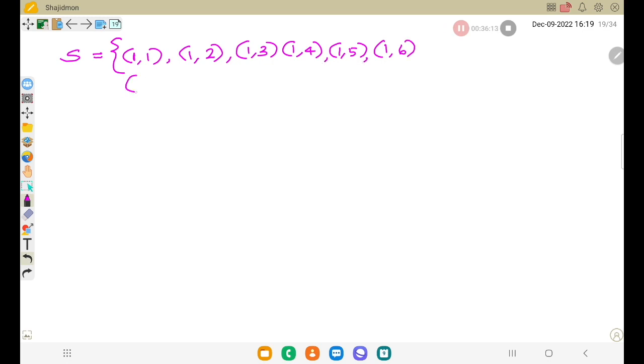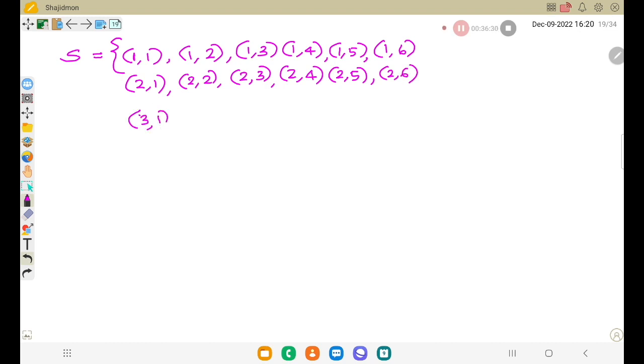Then the others: 2,1, 2,2, 2,3, 2,4, 2,5 and 2,6.